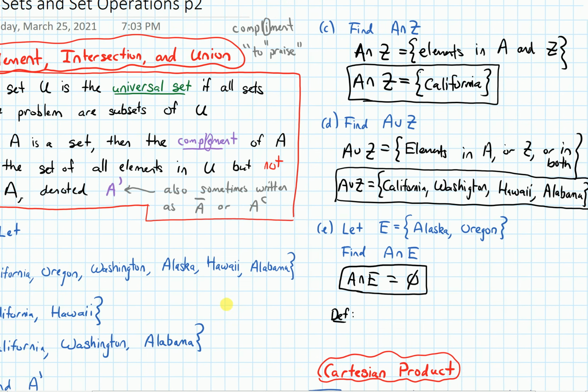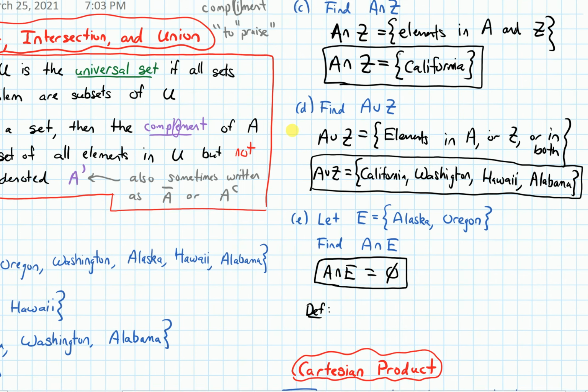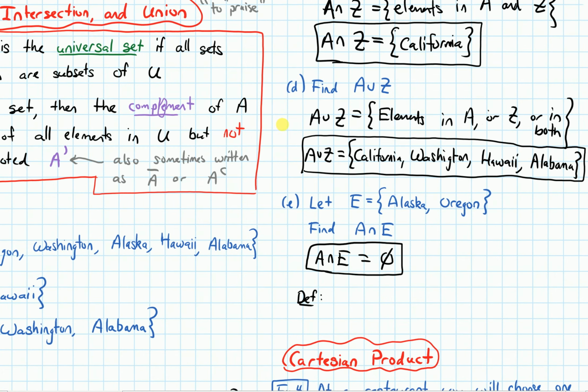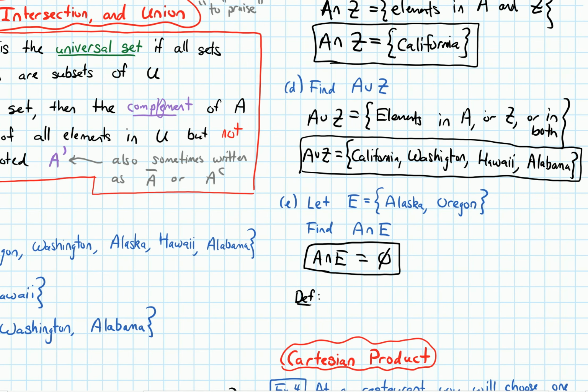And I want to end this video by stating a definition related to this last part of the example. So the definition says that if A intersected with a set B is the empty set, we have a word that we use to describe these sets. We say that A and B are disjoint.